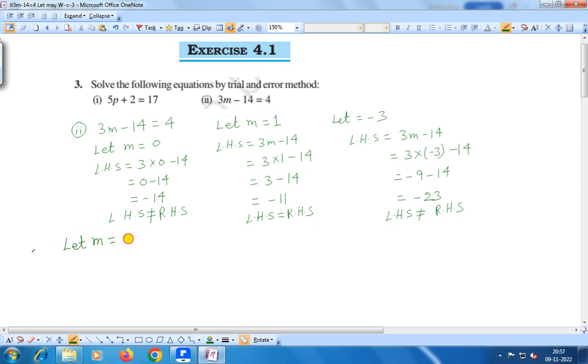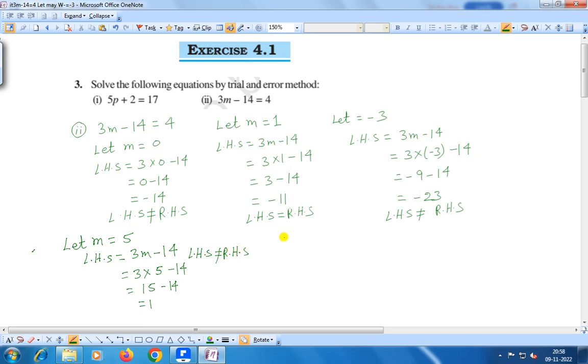Then we are getting left hand side is equal to 3m minus 14, that is equal to 3 into 5 minus 14, that is 3 fives are 15 minus 14 is equal to 1. But the right hand side is 4, therefore left hand side is not equal to right hand side.